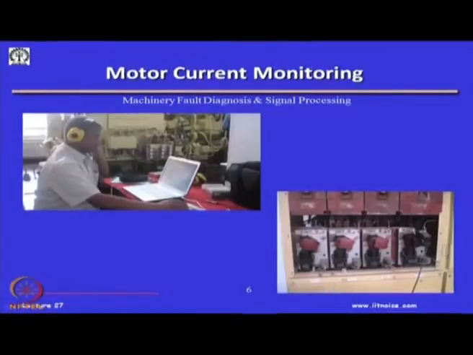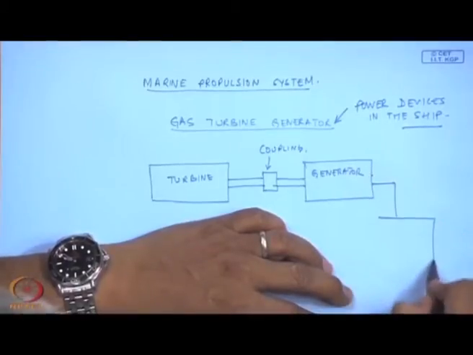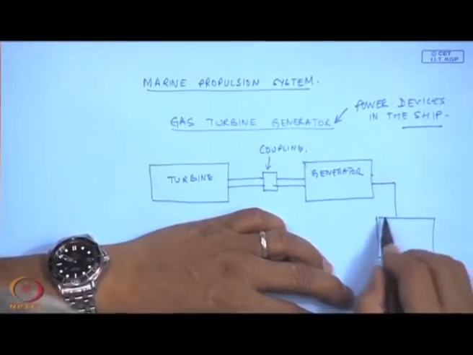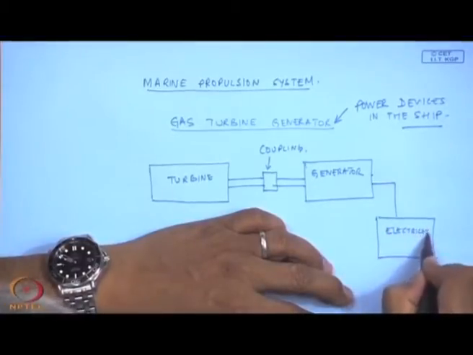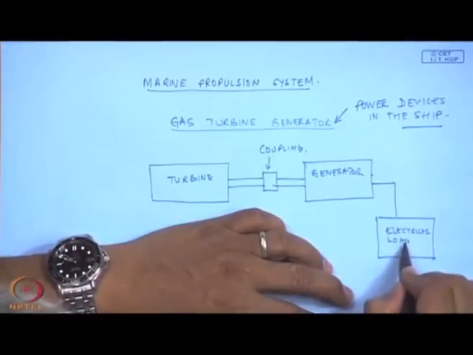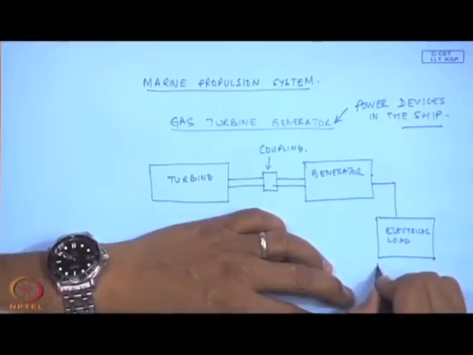Now, what happens in the naval establishment is that this generator was delivering power to a resistance bank. Whatever power we generated here went to an electrical load. This is a dissipative load made of resistances.